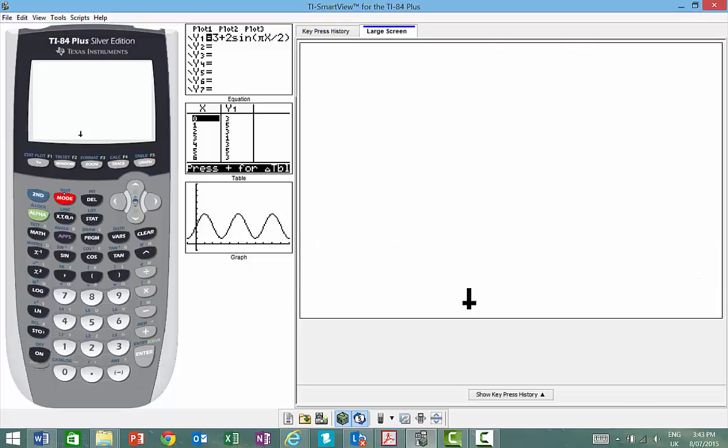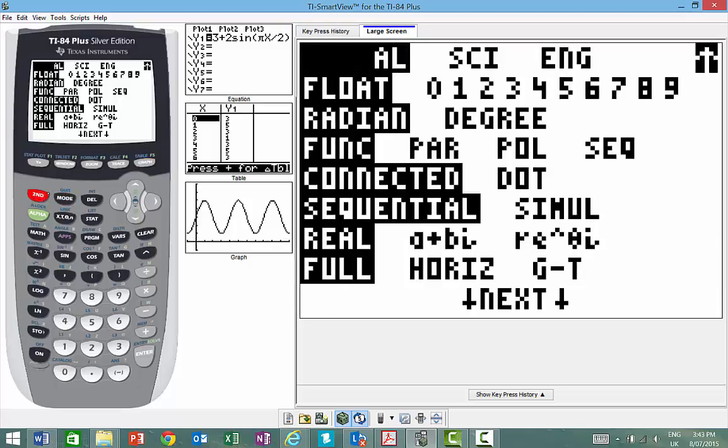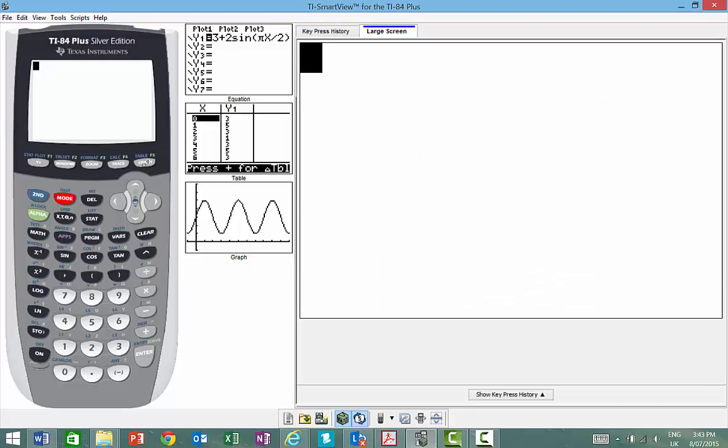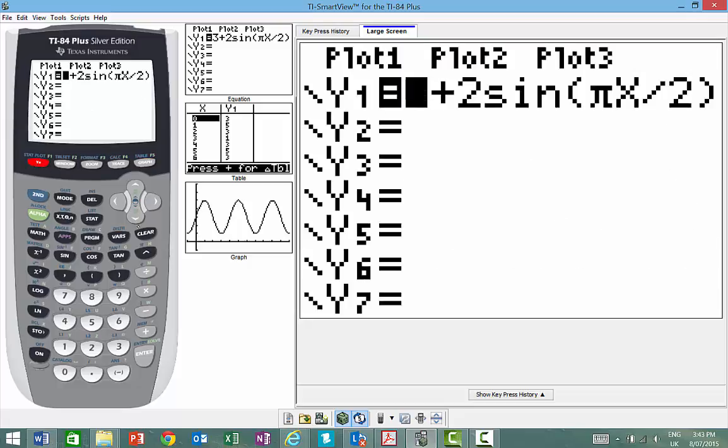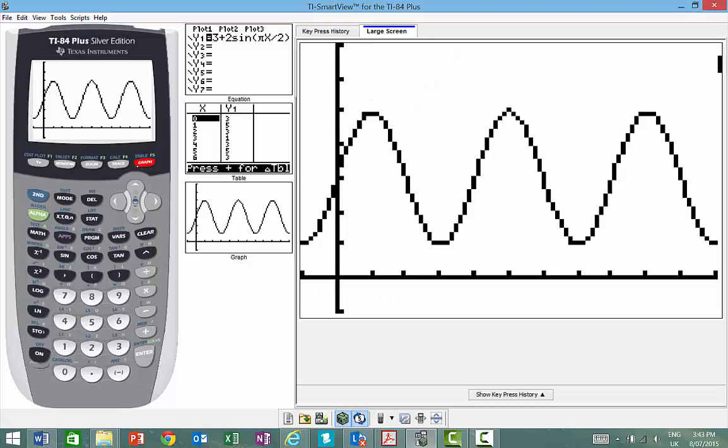It's important that you've got your calculator in radians. If you don't have your calculator in radians, it's not going to graph properly. So that's our graph, and what we're looking for is when the population is greater than 4,000. If we draw a line y equals 4,000, that will intersect with that particular line, and we can find those intersection points.